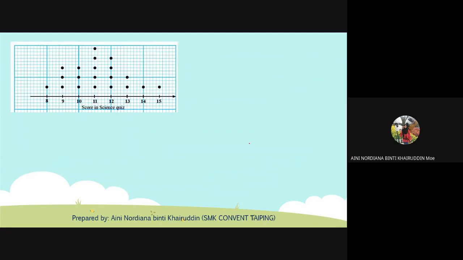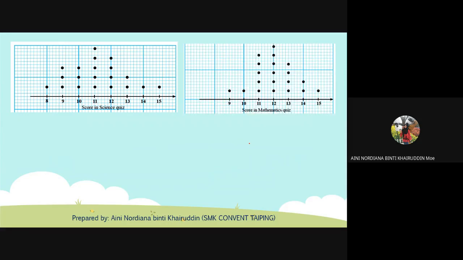So ini adalah dot plot for score in science quiz. Yang ni score in mathematics quiz. So kalau you kira dot ni akan ada 20, sebab tadi dia kata 20 pupils take part in this quiz kan. So dot ni pun mesti ada 20 lah. Setiap dot mewakili markah pelajar. So maksudnya untuk science quiz ni, seorang pelajar dapat 8 markah. 3 students got 9 marks.